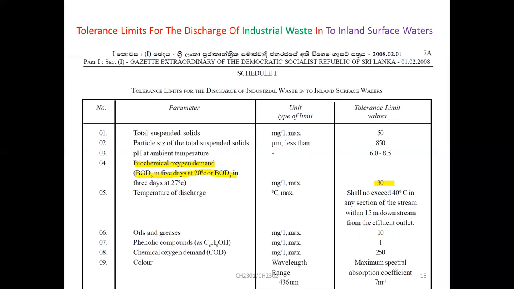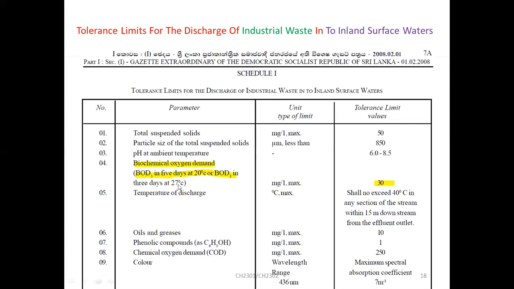And also you can understand that at a higher temperature, at 27 Celsius, the rate of degradation, or the rate of breaking down of organic matter into simple byproducts, is higher than the rate of the degradation process at low temperature.